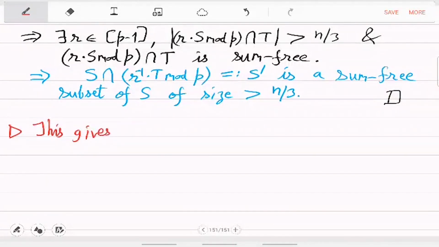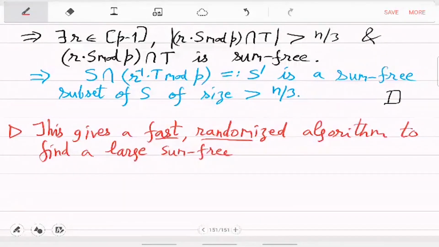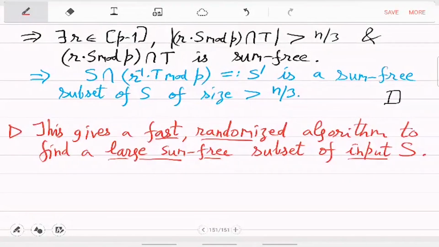So this gives a fast randomized algorithm to find a large sum free subset of input S. You basically pick this random R and P, and then you transform, and after transformation you will see that 1/3 of the image will give you the sum free subset.